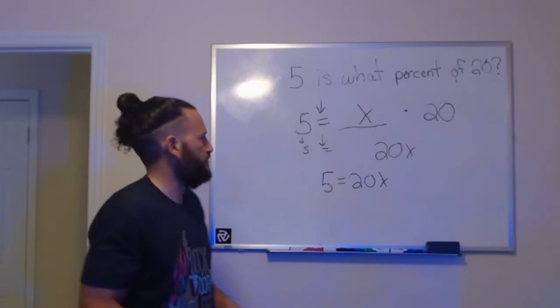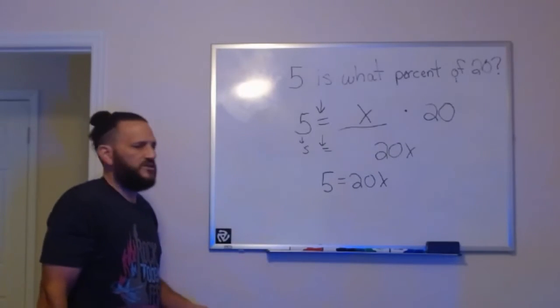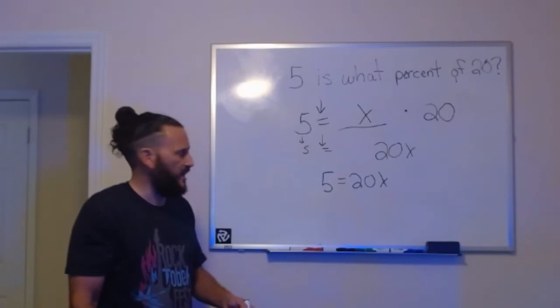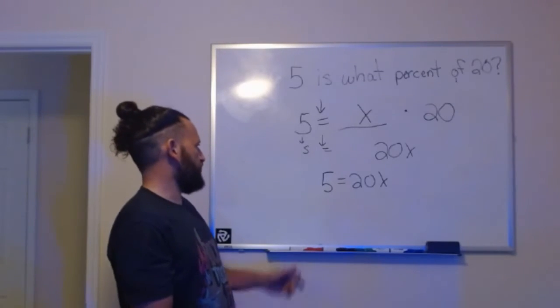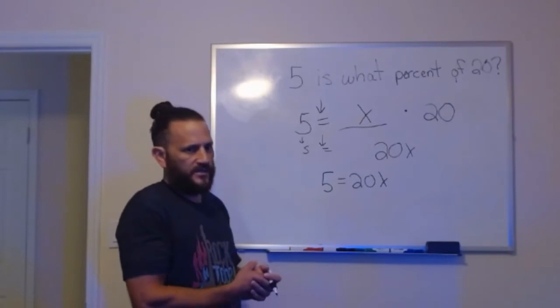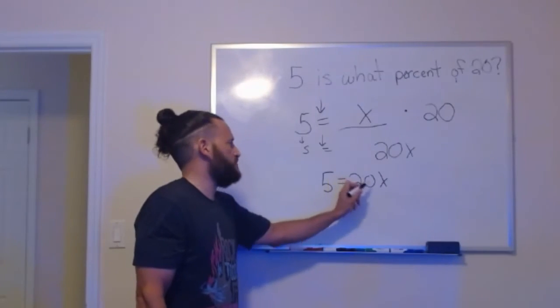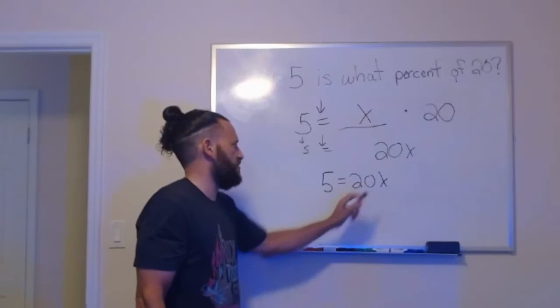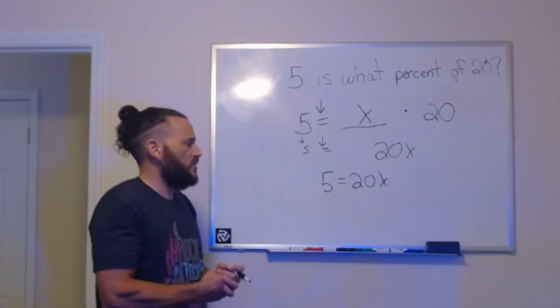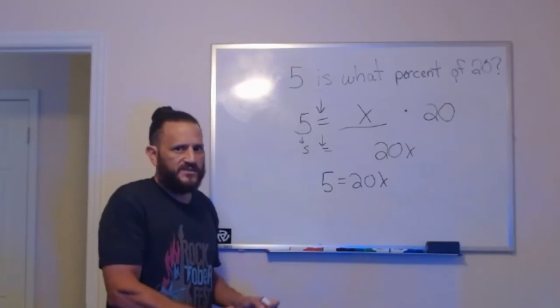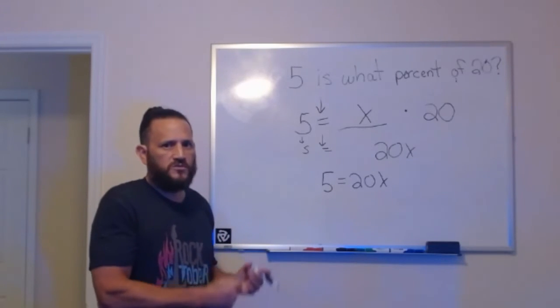Whatever works for you. So we still have this equation to solve. Let's go ahead and knock it out. So 5 equals 20 times x, all right? Remember guys and gals, this is multiplication here, all right? So what we do to one side, we're going to do to the other.